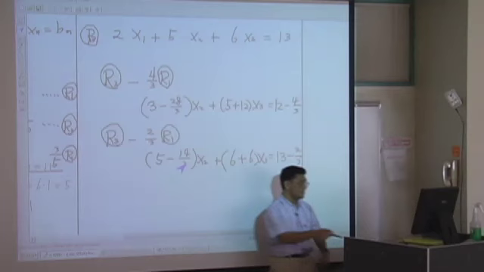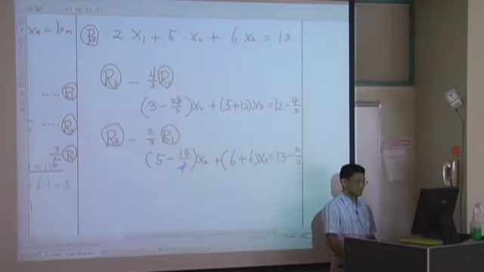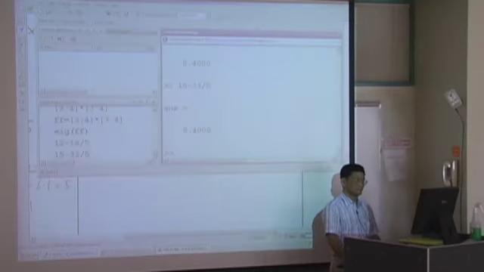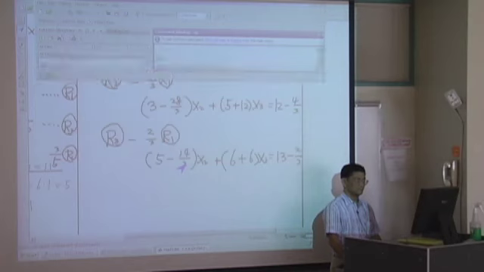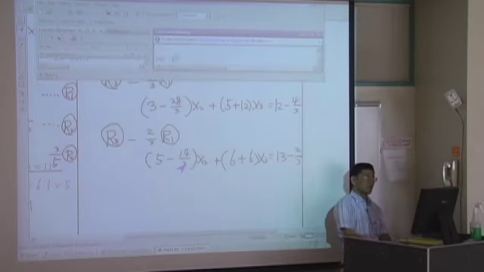So I will do the ratio calculation. (5 minus 14 over 3) divided by 3 minus 28 over 3 should be equal to this, right?